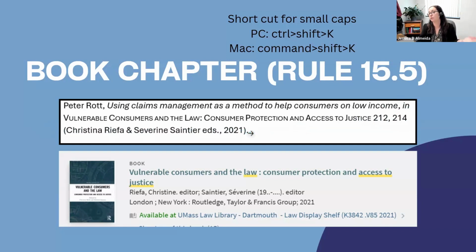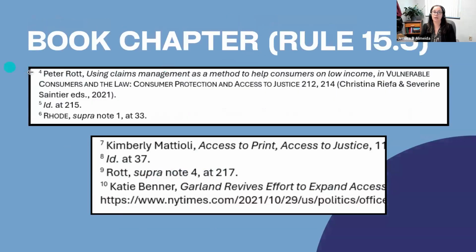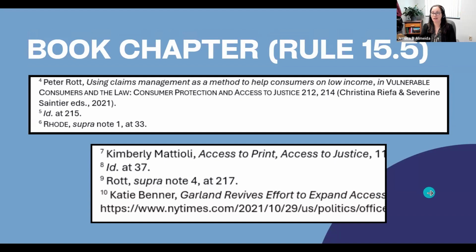Let's take a look at what this would look like in the footnotes. So here I have footnote 4. I have my full citation. In footnote 5, I'm citing again to the same chapter, just a different page. So I put id at and then the page number. And then later on in my paper, I need to cite this chapter again.